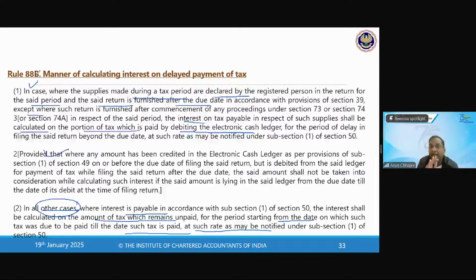But if you are paying the liability of the previous month, then it will be covered by this provision, and it says that you have to pay interest on the gross liability that remains unpaid, between the due date and the actual payment, at the same rate as in section 50 subsection 1, for the entire period.